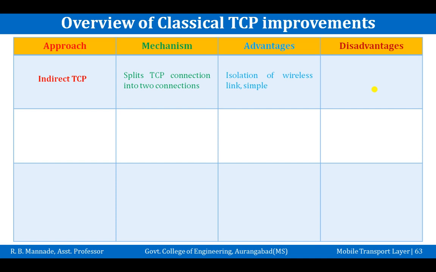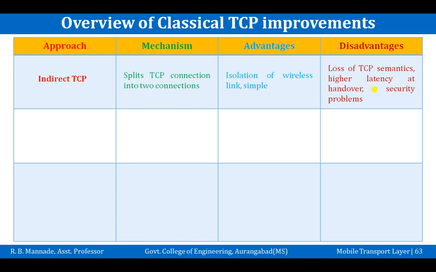and it is simple as compared to the other enhancements. The disadvantages are loss of TCP semantics, higher latency at handover, and security problems. What is meant by loss of TCP semantics?